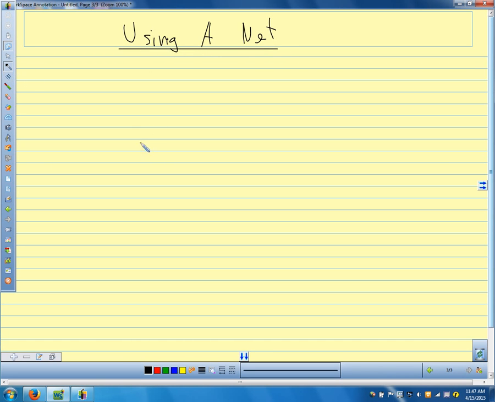So here we're going to find the surface area of this rectangular prism. Another name for a rectangular prism? It's just a box.